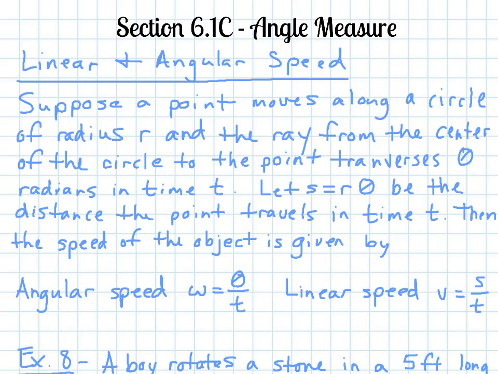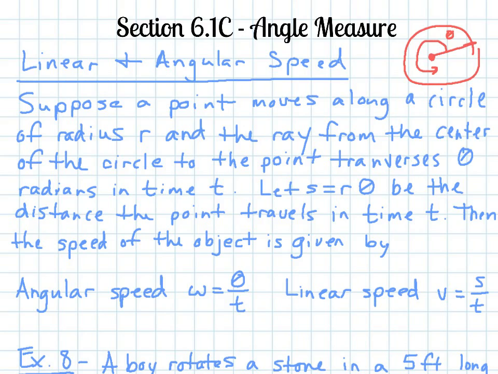So basically, if you had this point in the center, and you went around that circle, you had a radius r, so the angle at which you're going around is that theta radians, and it takes some amount of time t.